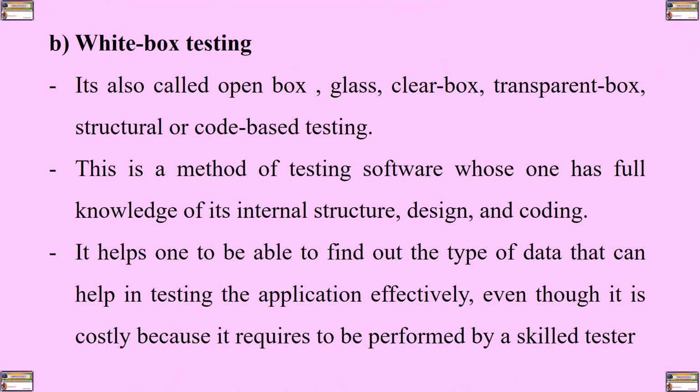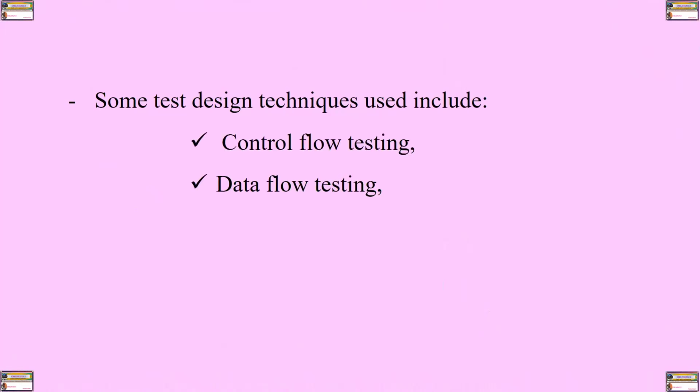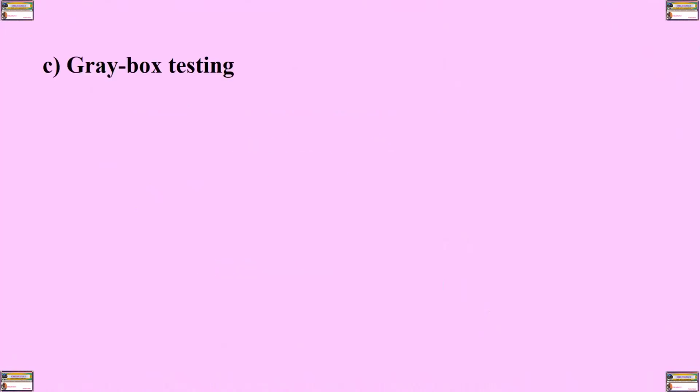It also aims to find out the type of data that can help in testing the application effectively, even though it is costly, because it requires to be performed by a skilled tester. Some test design techniques used include control flow testing, data flow testing, branch testing, and path testing.